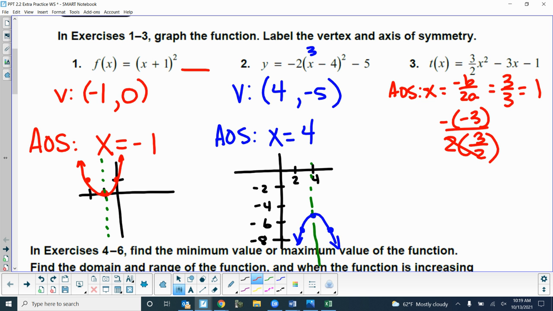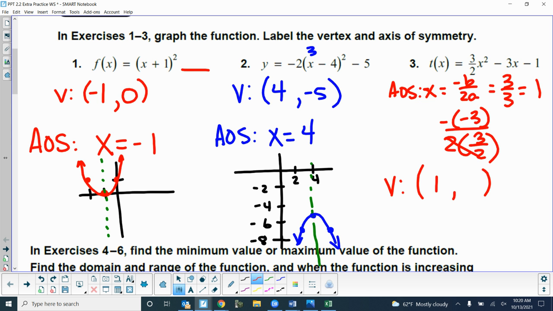So my vertex then is 1 something. How do I find the y value of the vertex, Taylor? No, that's the y-intercept. -1 is our y-intercept. What do we do to find the rest of the vertex? Plug it into the original problem for x. We know x is 1, so we plug 1 in.